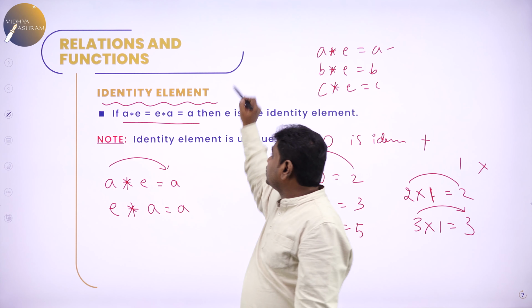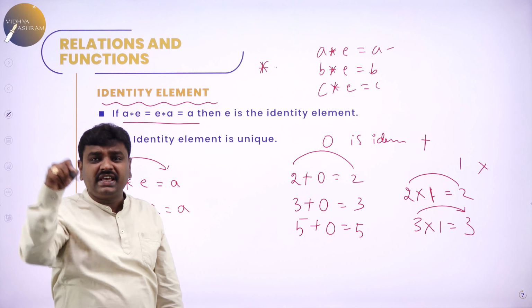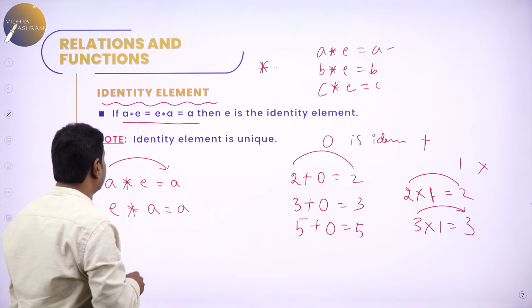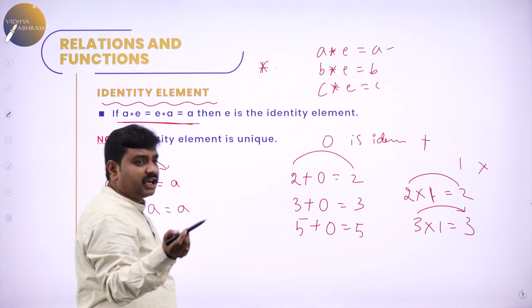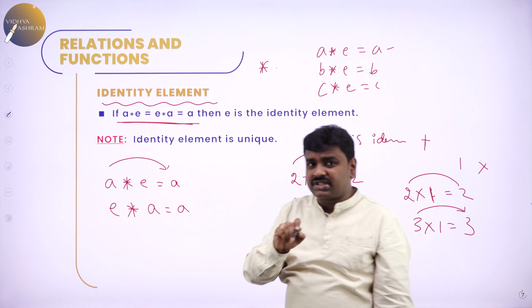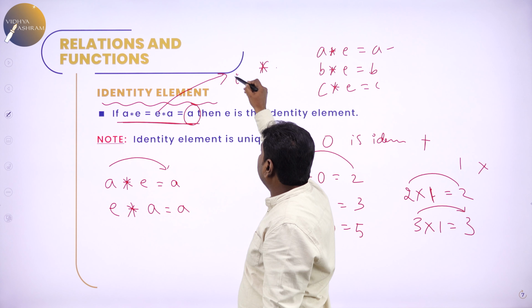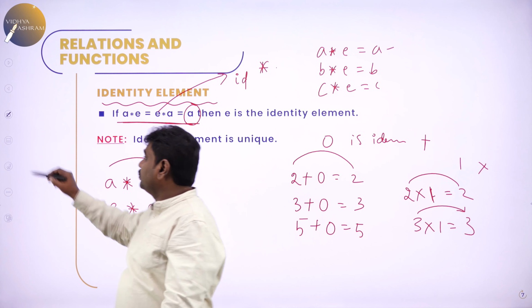Like that, for a given binary operation star, E is the identity element if you obey this: if you operate A on E or E on A, you should get A. A star E is equal to E star A gives you A, then E is called identity.